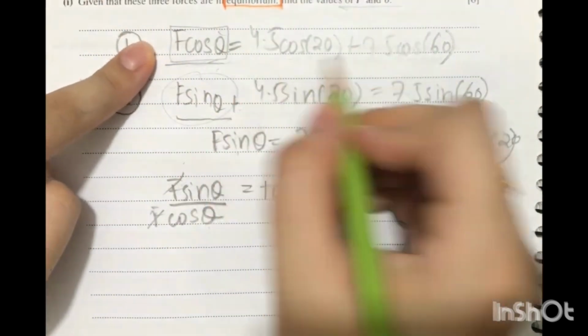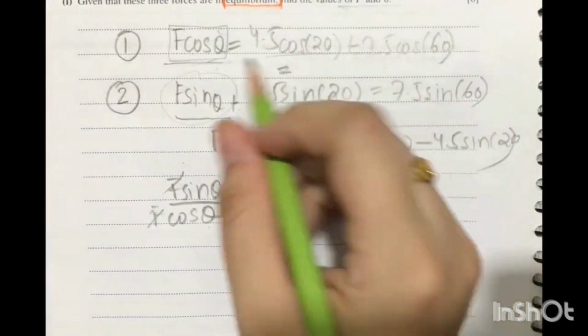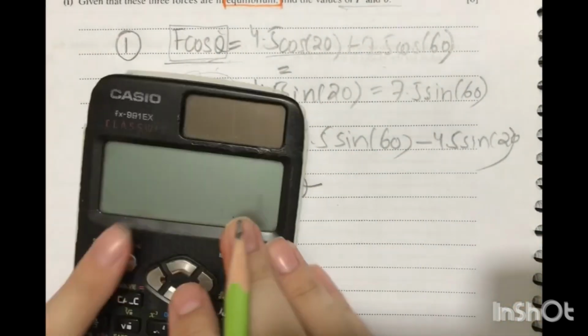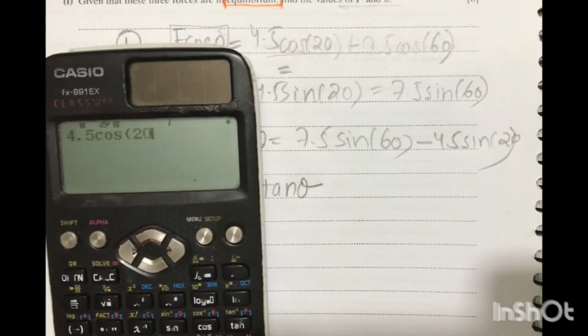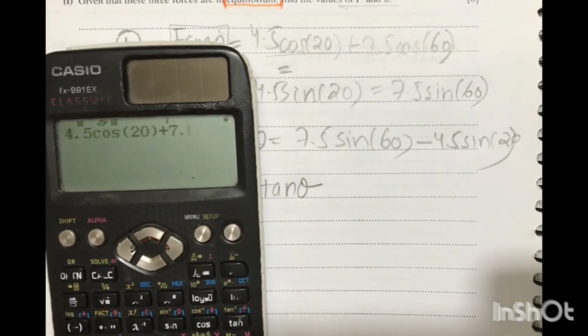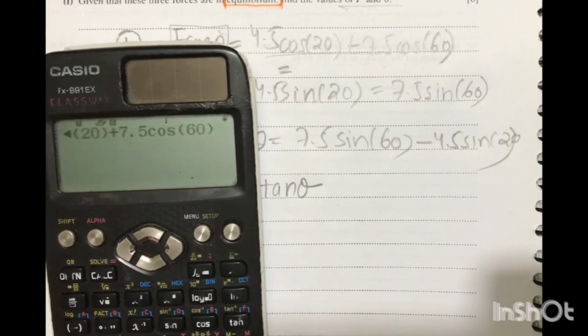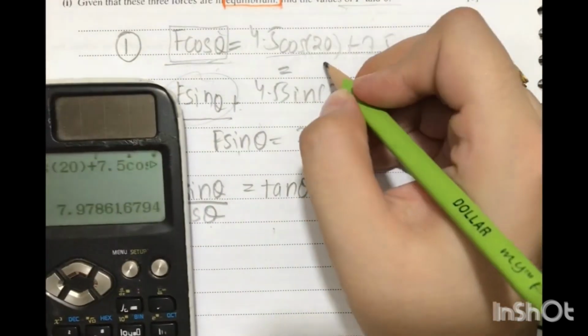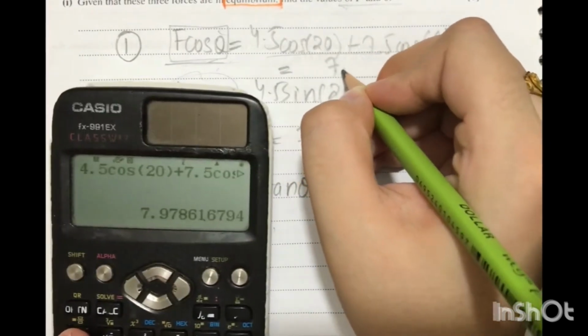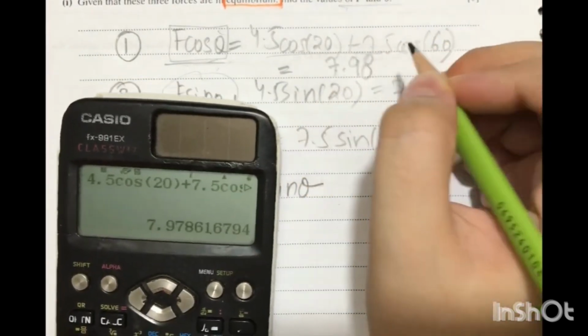So let's calculate this first. F cos theta is equal to 4.5 cos 20 plus 7.5 cos 60, which is equal to 7.98. Let's round it off.